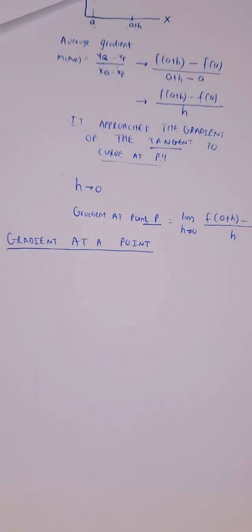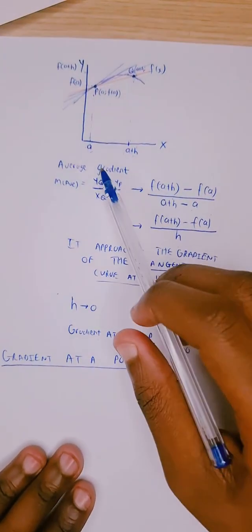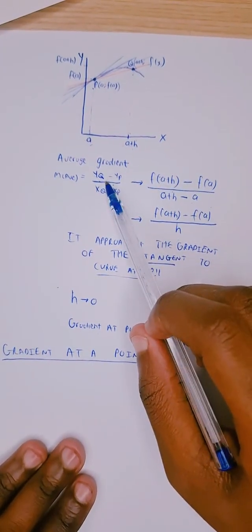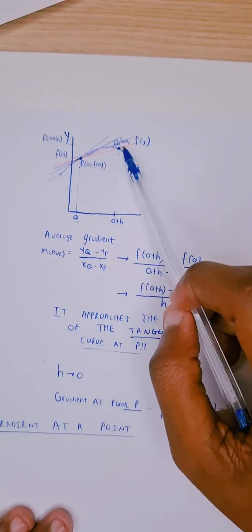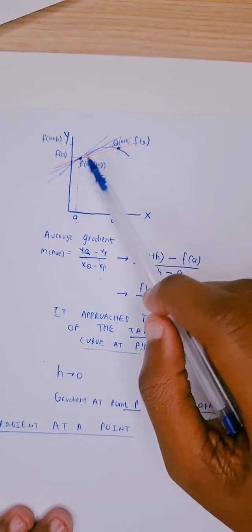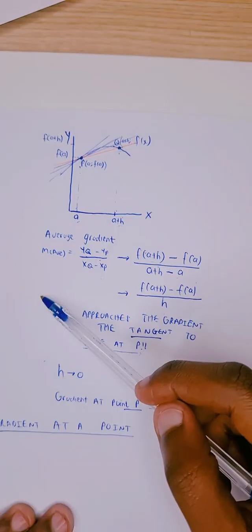But before all of that, the limit concept needs to be understood. From the limit concept, we can first understand how we get average gradient. We did average gradient in grade 11. The formula for average gradient was quite simple because we would always use 2 points to calculate the average gradient for a particular curve.